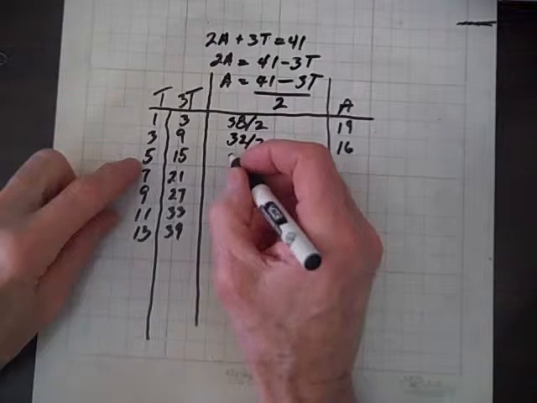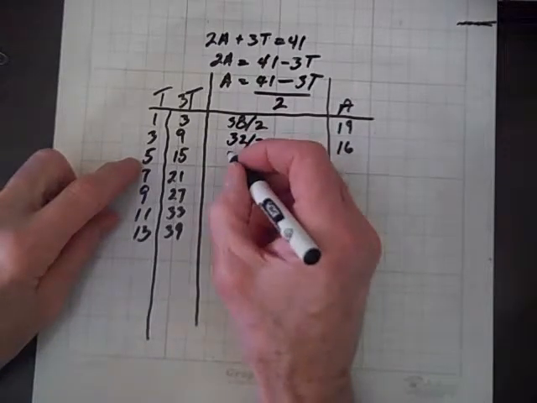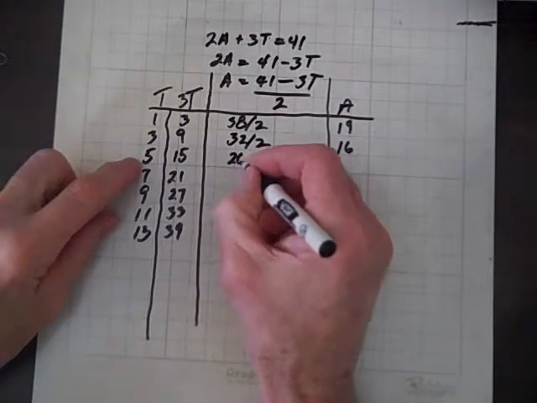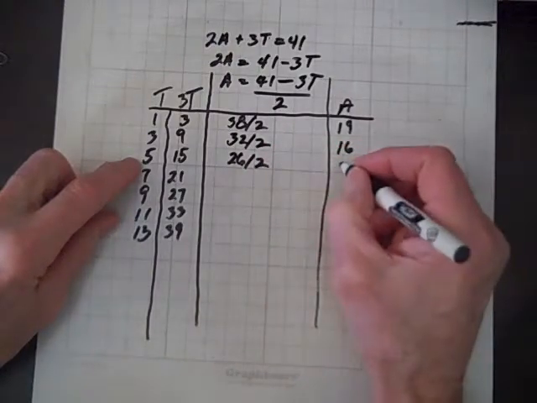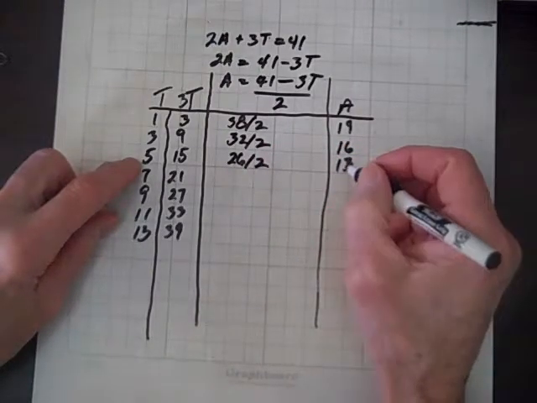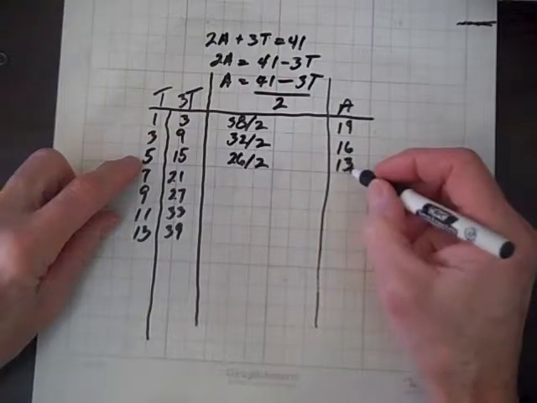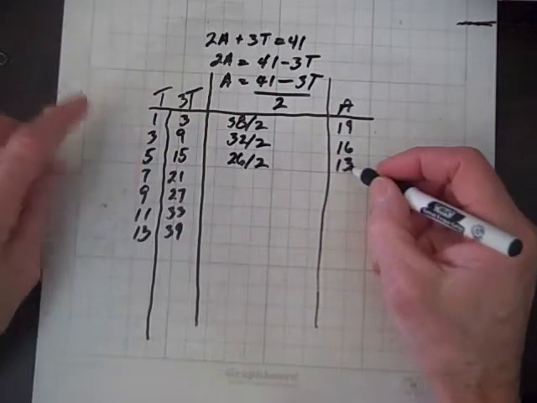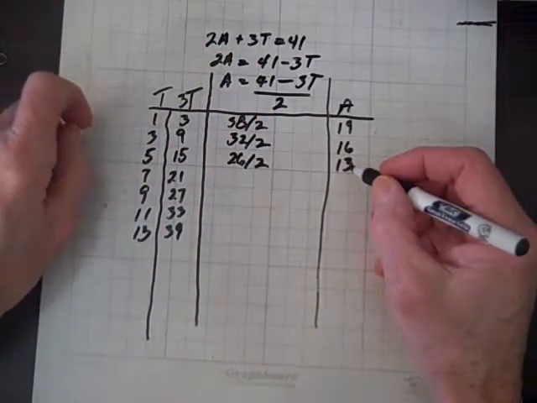Let's continue on. 41 minus 15 is 26, and 26 divided by 2 is 13. So when there's 5 trucks, there'll be 13 automobiles, which will give us the appropriate count of 41.